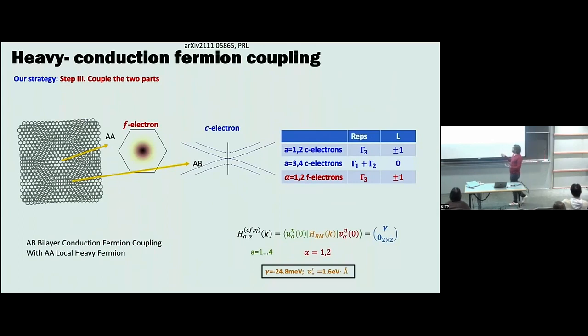The light electrons also have a gamma 3 at the gamma point, so their coupling is just a constant. And this constant, which you call gamma, becomes the gap between the flat bands and the dispersive bands. Okay, so this is by now the larger energy scale in the problem, 24 milli-electron volts, something like this. Of course, this depends on the details of the model.